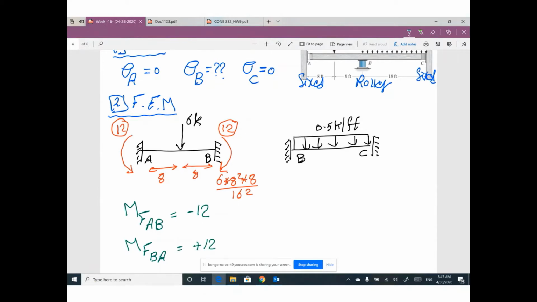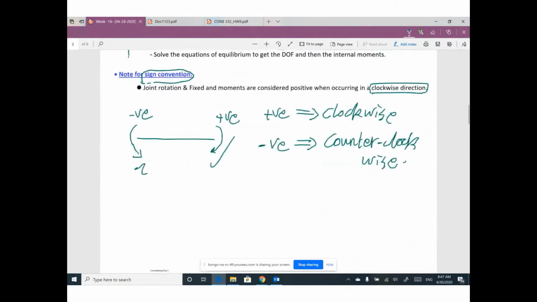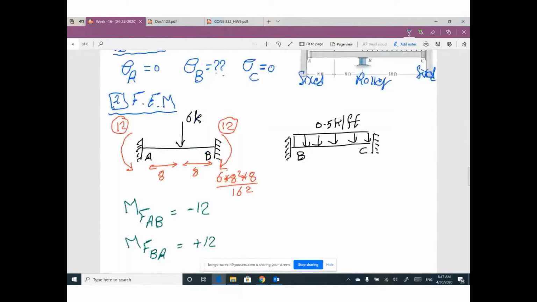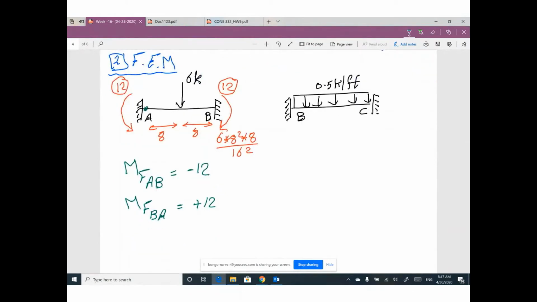If you remember, we have something called sign convention. If your moment is clockwise it will be positive, if your moment is counterclockwise it will be negative. If you are talking about M fixed AB, I'm talking about this side. If you are talking about M fixed BA, I'm talking about this side. One more time. If you have a member fixed with uniform distributed load, your fixed end moment will be wL square divided by 12.